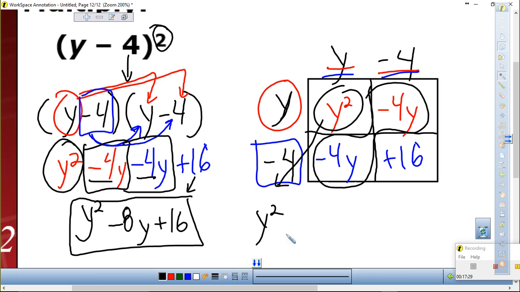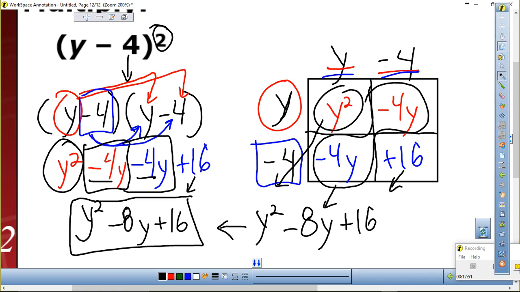Negative 4 and negative 4, that's negative 8y. And then bring down the last term, positive 16. Did I get the same thing as this? Yes. Copy that, please. I just wanted to show you how to set up when you have negatives on the first binomial. Does that make sense? Yes, Mr. Q, we love these. Good. Copy that.